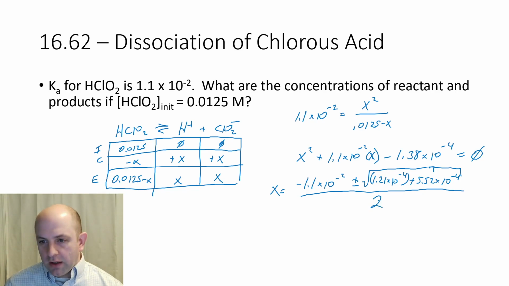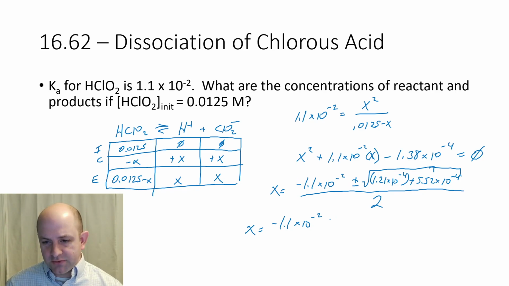Okay. So let's go ahead and put those numbers together in the middle. 1.21 times 10 to the negative fourth plus 5.52 times 10 to the negative fourth. All right. We get 6.73 times 10 to the negative fourth. We take the square root of that. We get x equals negative 1.1 times 10 to the negative second. Now, because this is already negative, we know the minus can't work.